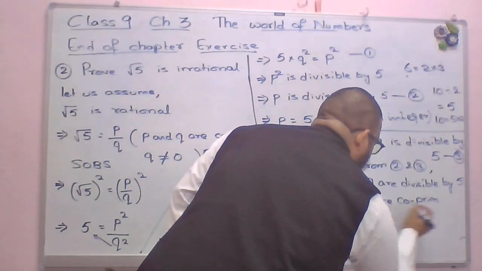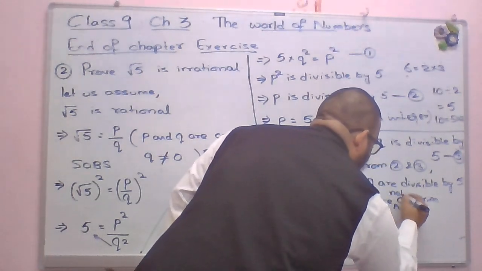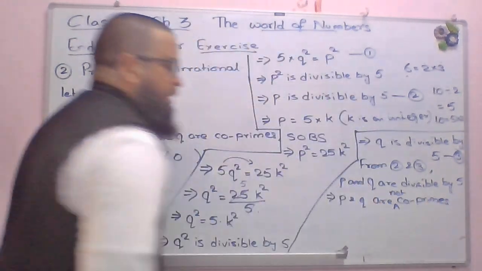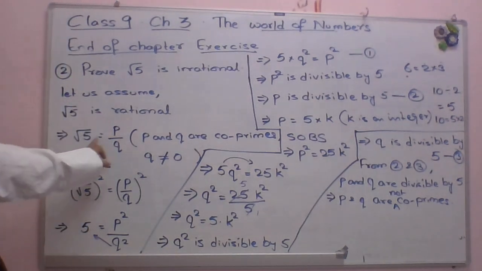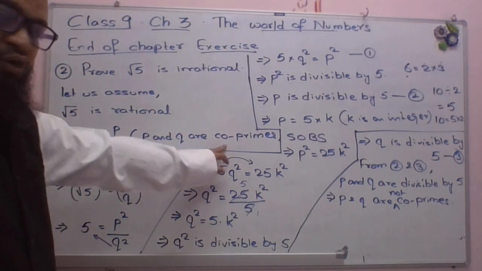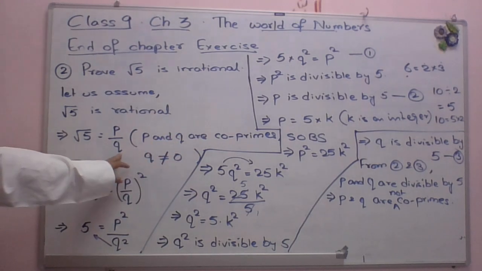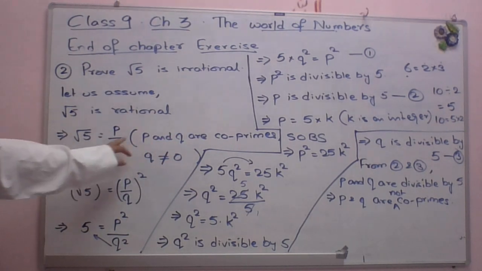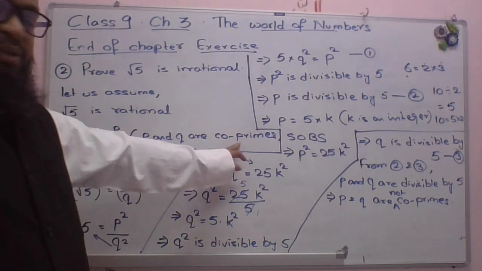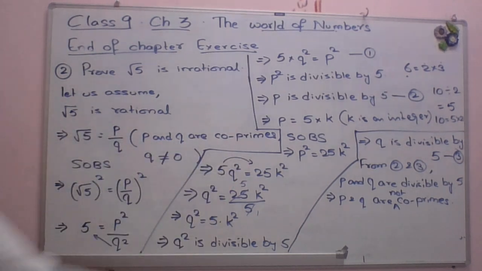Since they are divisible by a same number, they are not co-primes. But what did we assume? That p by q are co-primes. Why we assumed? Because whenever we write a rational number in its simplest form, numerator and denominator should be co-primes. But here we got they are not co-primes.